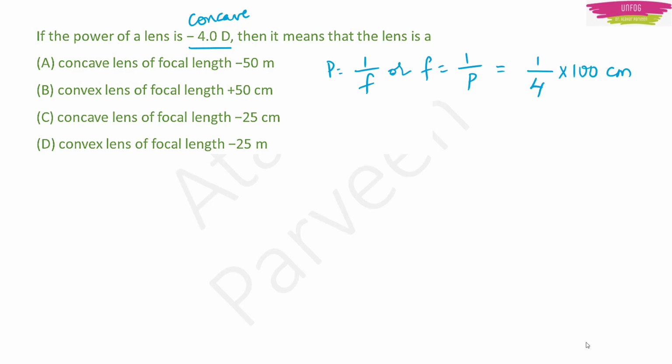Just substitute the values. This 1 upon P can be written as 1 upon 4, but then they are giving as diopter. That means you should have the focal length in meters. That's why I am multiplying it with 100 centimeters. Then you get answer as 25 centimeter. But then it is a concave lens. That's why you will have minus 25 centimeter focal length. So option C will be the right answer.